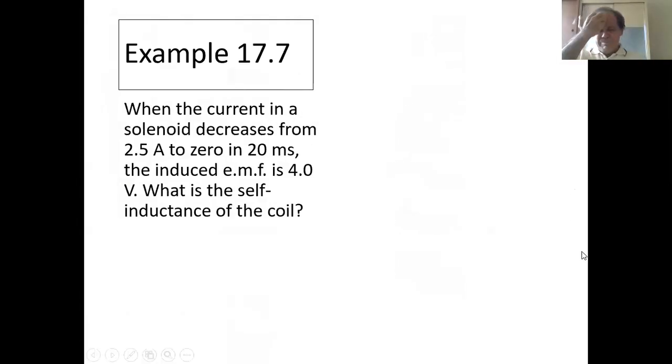Okay, try this question. Basically, using the formula I've just defined for you. When the current in a solenoid decreases from 25 to 0 in 20 milliseconds, the induced EMF is 4 volt. What is the self-inductance of the coil? What is the answer?